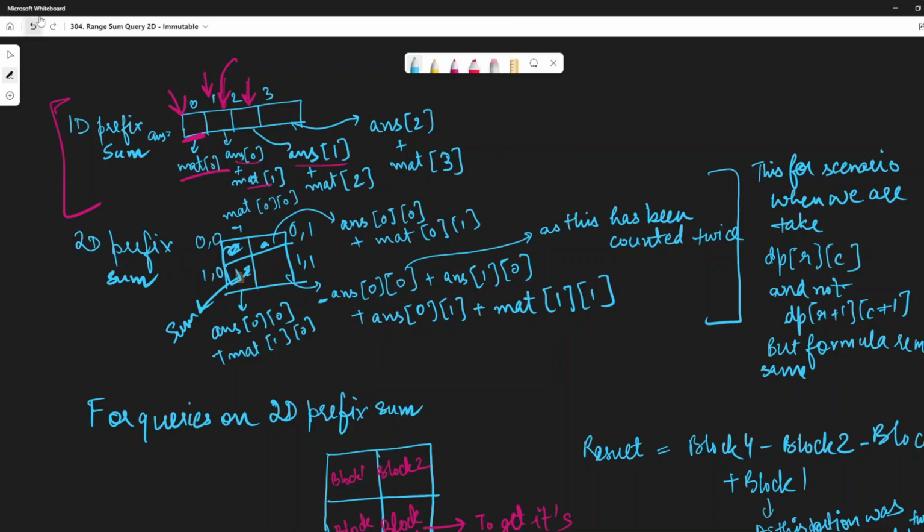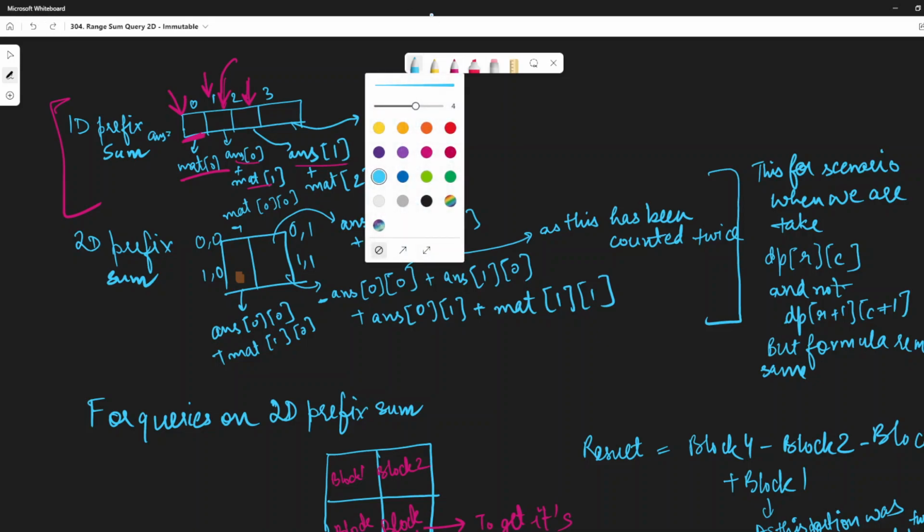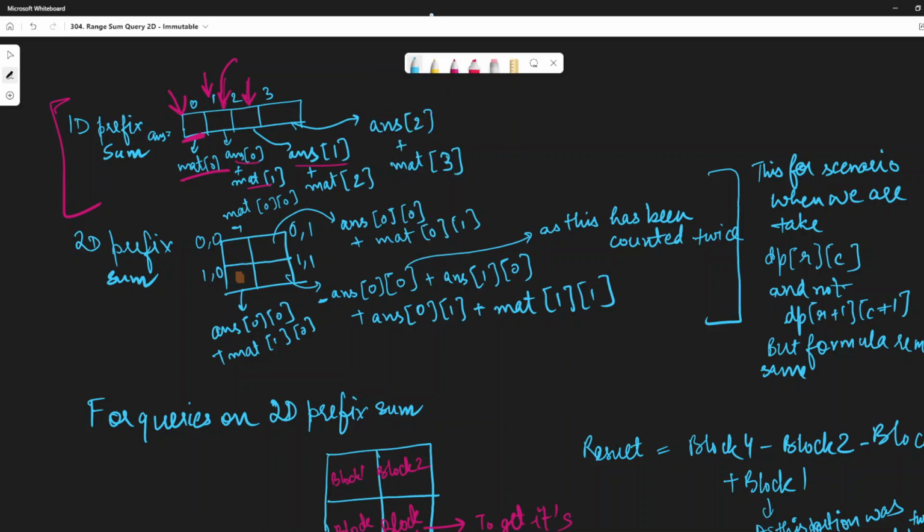So this is how we are calculating a 2D prefix sum. Earlier we were doing it for the 1D prefix sum, but now it is for 2D prefix sum. So this is how we would be doing it, right? This is for the portion of making a 2D prefix sum.